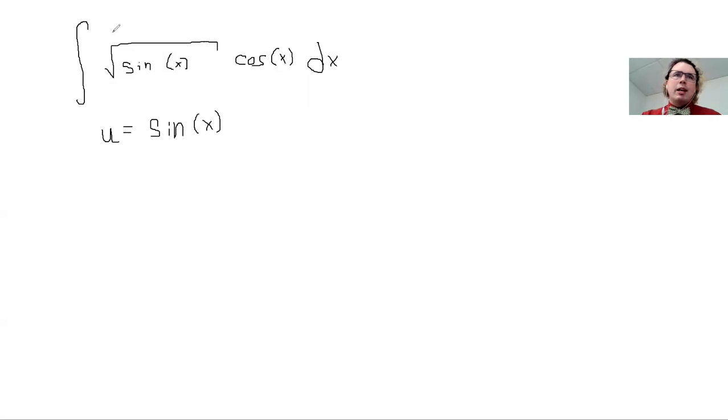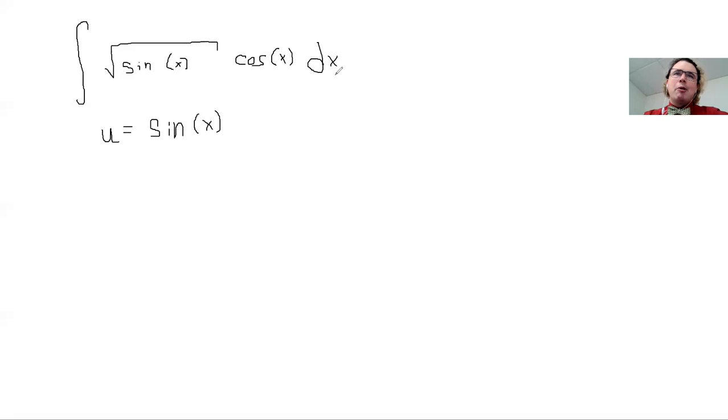Now, because I'm working in integral calculus, when I change my variable, there is a corresponding change in the differential. This is the reason why we care about the differential when we write integrals.